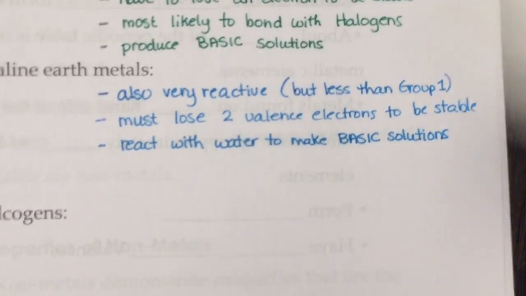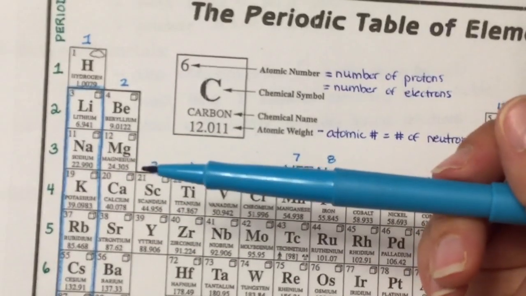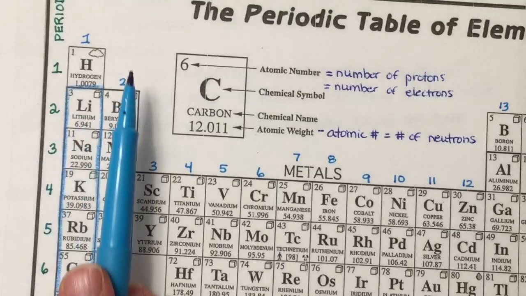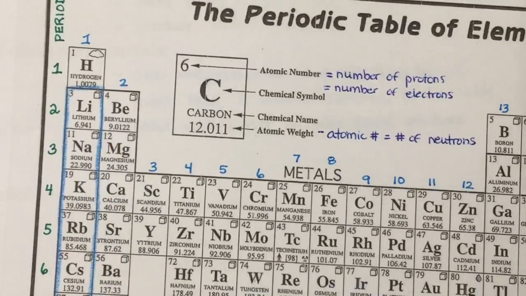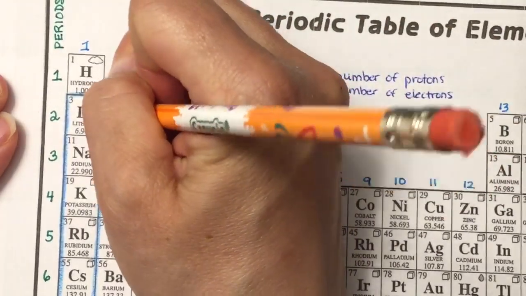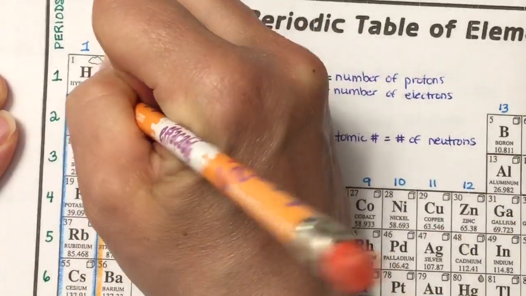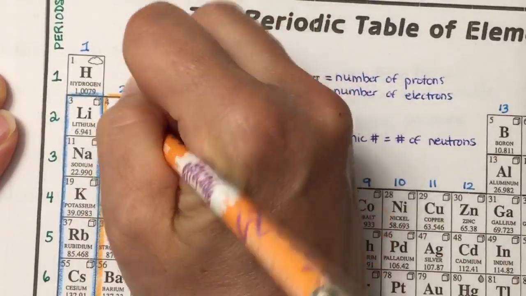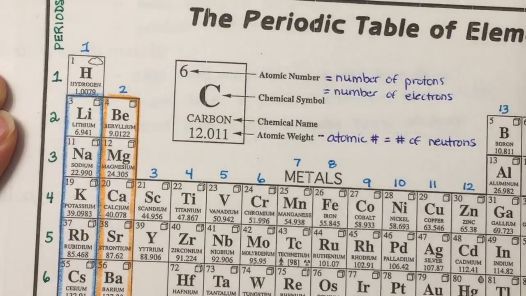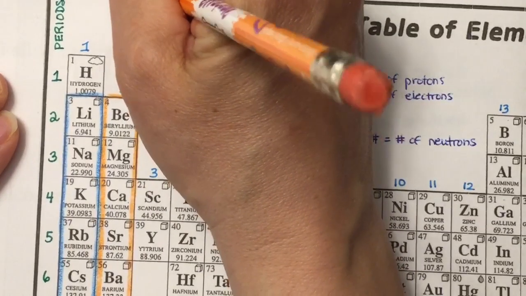Okay, so now let's go to our periodic table. So here are our alkaline earth metals. Sorry, it's blurry. Okay, and remember they have 2 valence electrons, 1, 2. Everything in this column has 2 valence electrons. So let's take a different color and let's outline that family. Okay, and pencil crayons, maybe you have some crayons from your brother and sister kicking around.